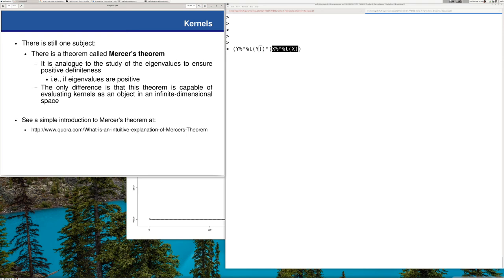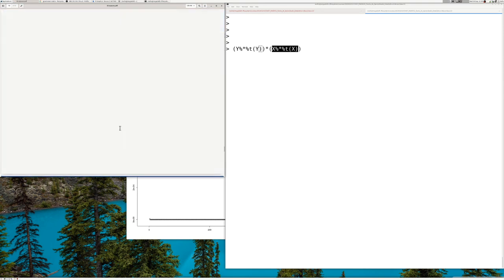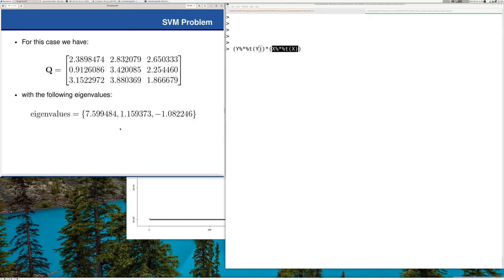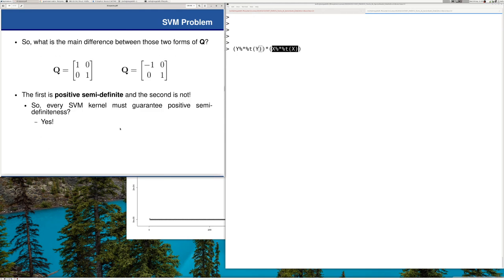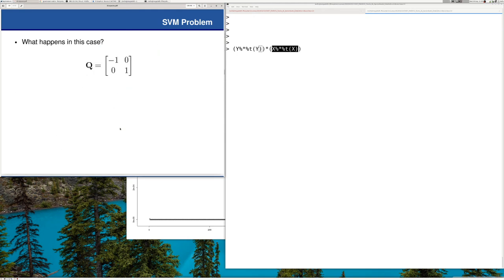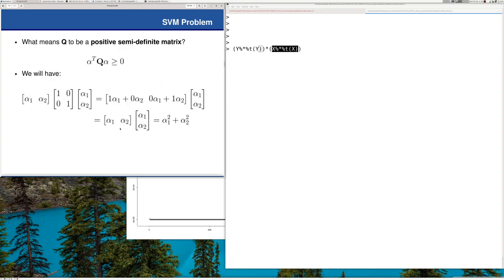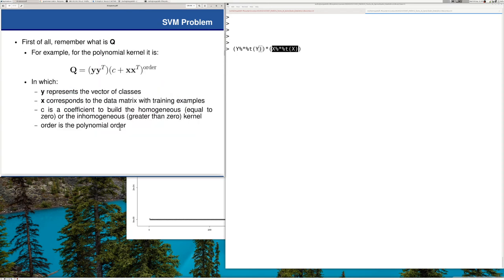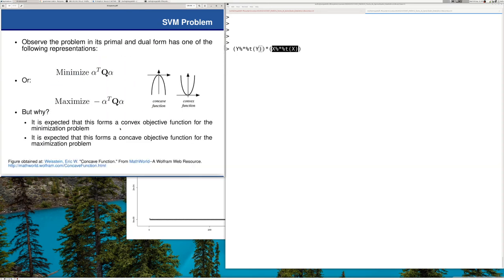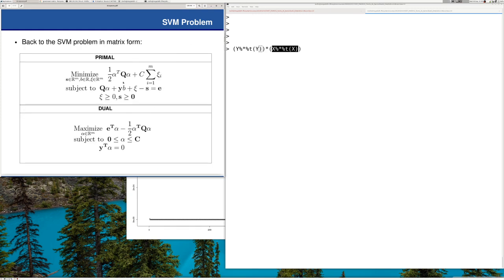I can use any kind of matrix Q that is positive semi-definite, and it is going to provide a good solution for my support vector machine primal and dual problems.